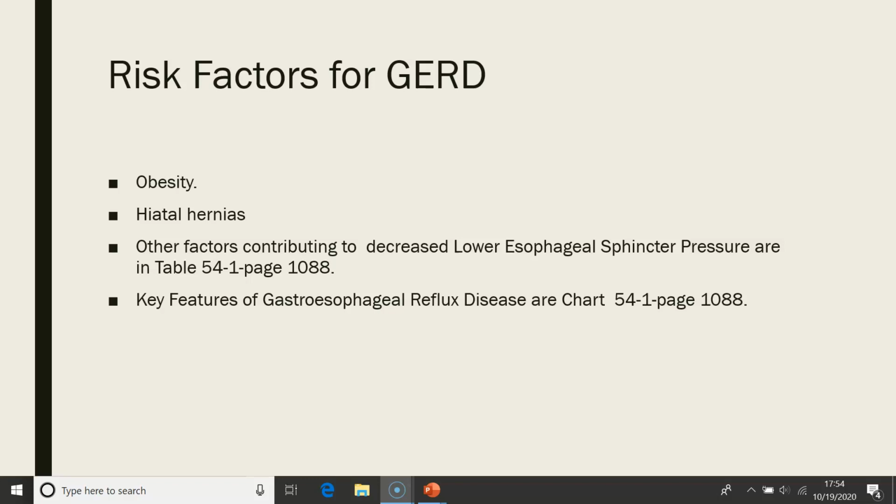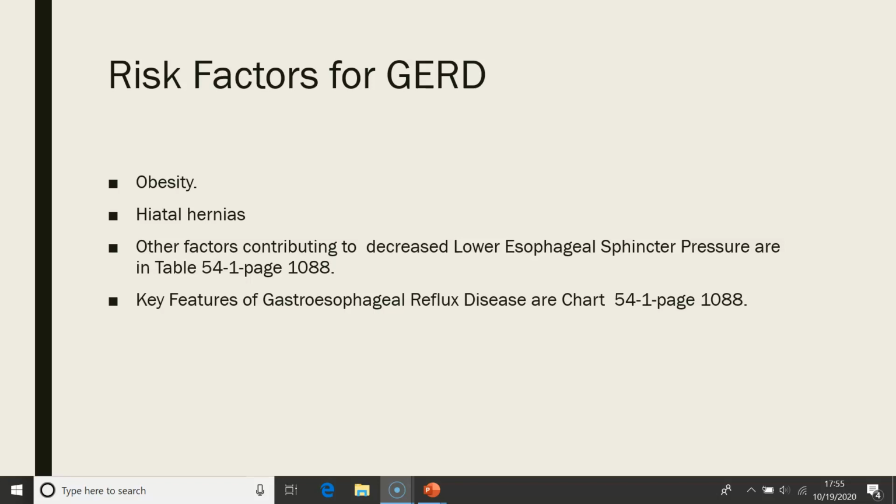On chart 54-1, again, still on page 1088, it talks about gastroesophageal reflux disease and some of the key features of it. These people a lot of times will have dyspepsia, which is indigestion, that we talked about, and regurgitation. A lot of times they have a cough and they'll have a real raspy sound to their voice just because there's been so much erosion to their esophagus from the amount of acid that comes up from their stomach.